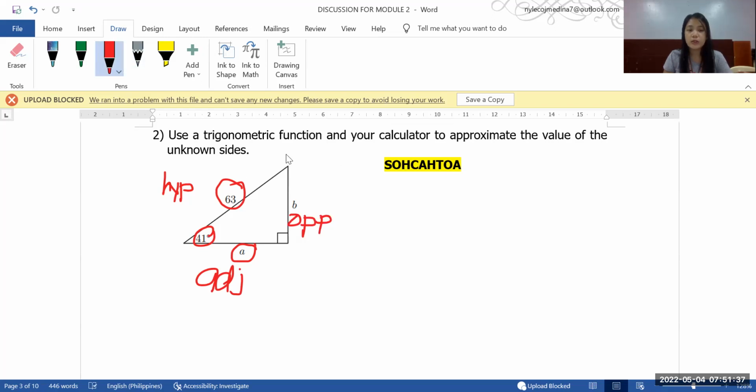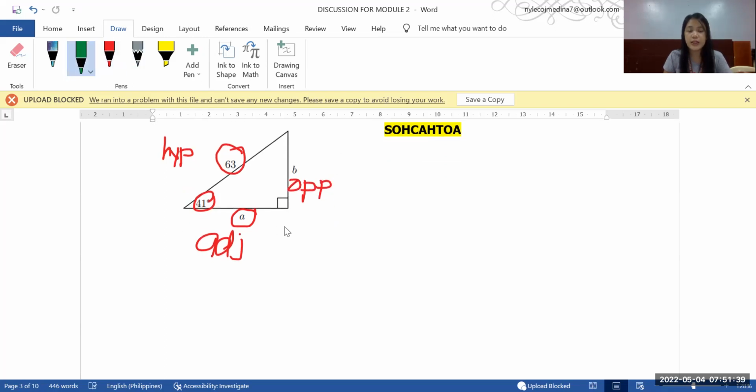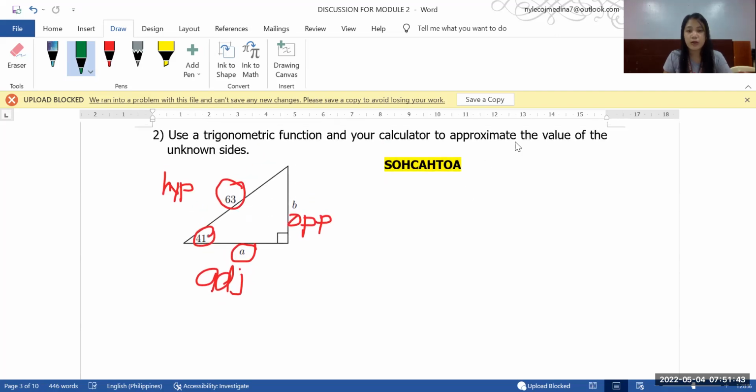So if we're going to try and find the value of your 6 trigonometric functions, ang gagawin natin is, again, use the SOHCAHTOA. So first, hanapin natin si sine 41. Sa sine 41, we're going to approximate the value of the unknown sides.